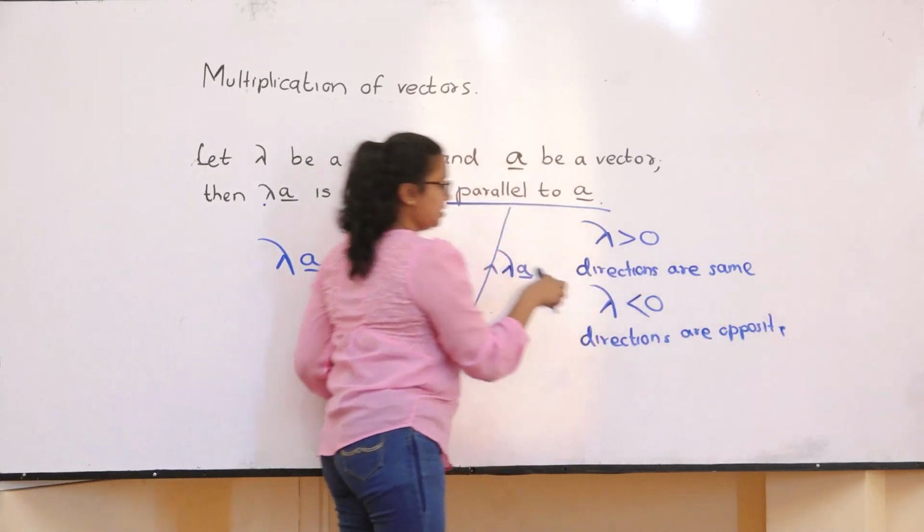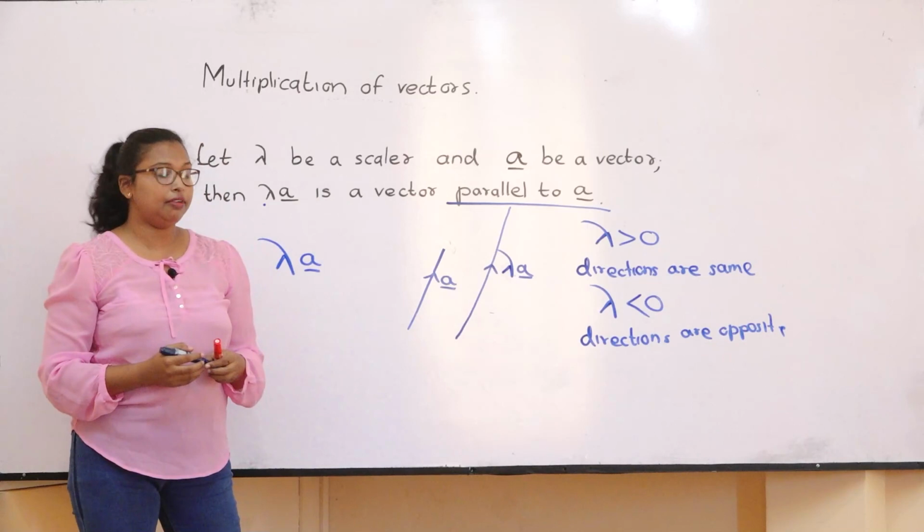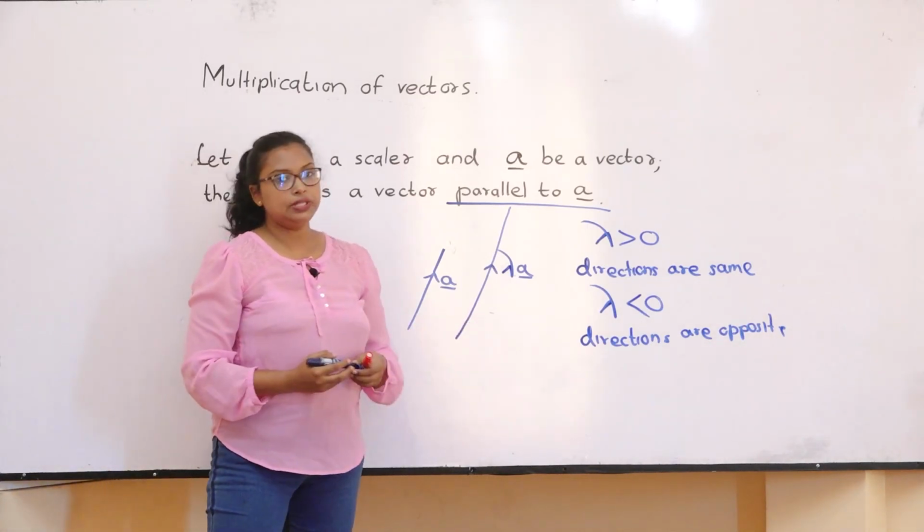If lambda is greater than 0, directions are same. If lambda is a negative value, then directions are opposite, right?